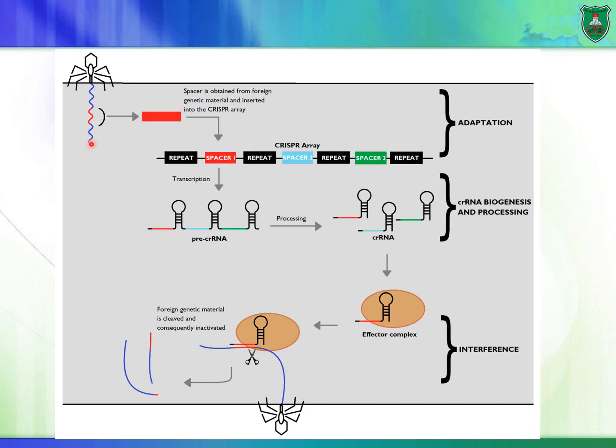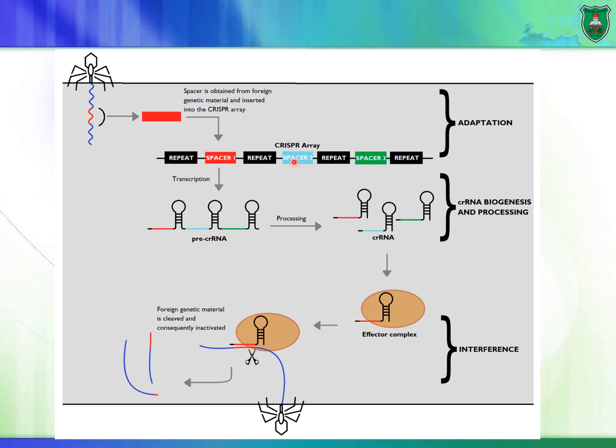So bacterial cells need to protect themselves. So what they do is that they're able to degrade or to take part of the bacteriophage DNA, and they insert this DNA into the CRISPR system inside their own chromosome. Okay, so here you have the palindromic repeats, and here you have part of the bacteriophage DNA.